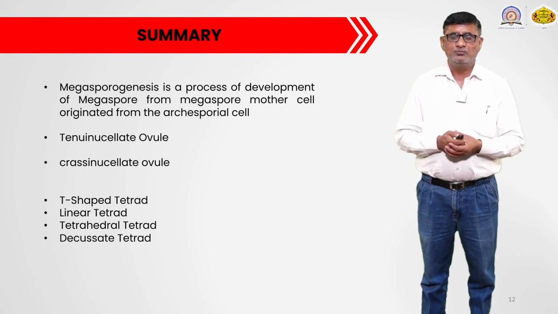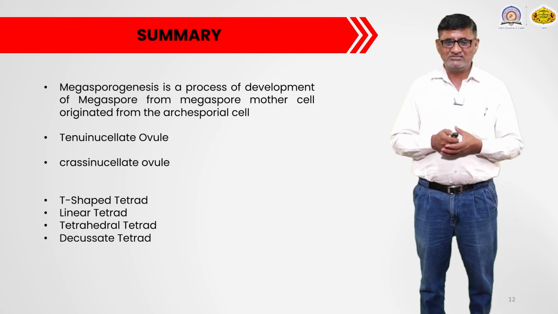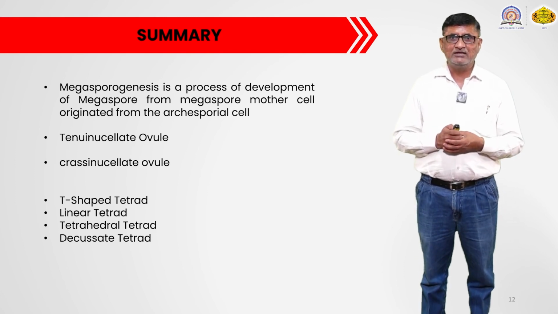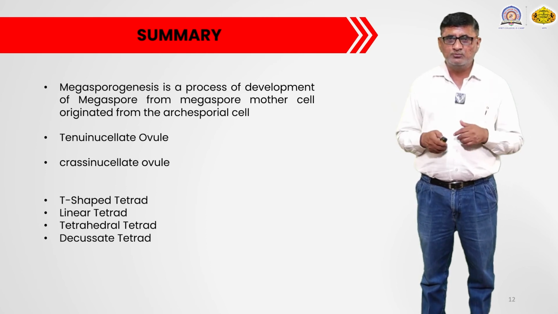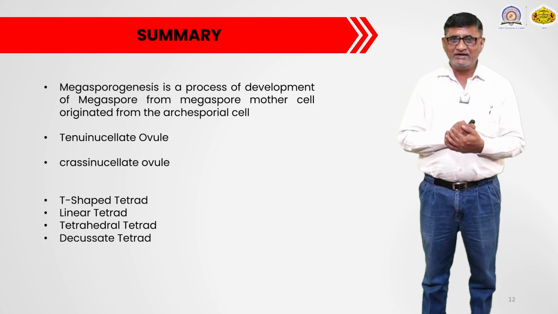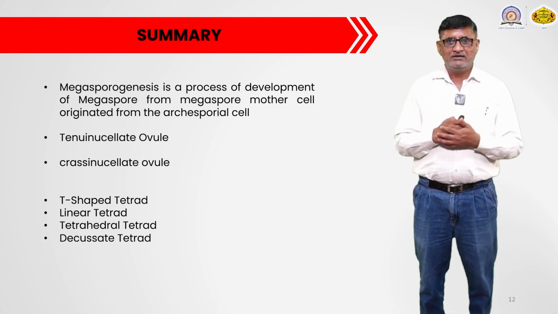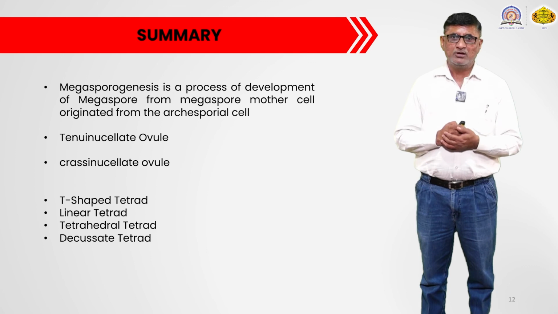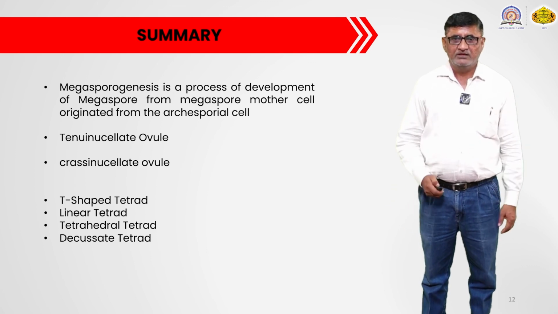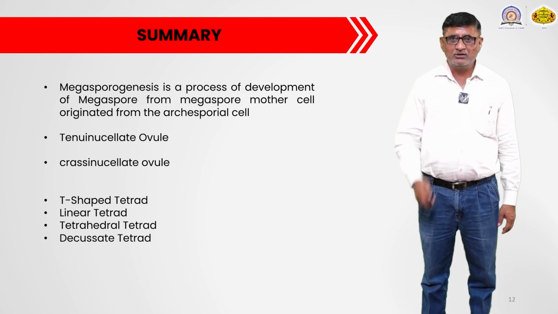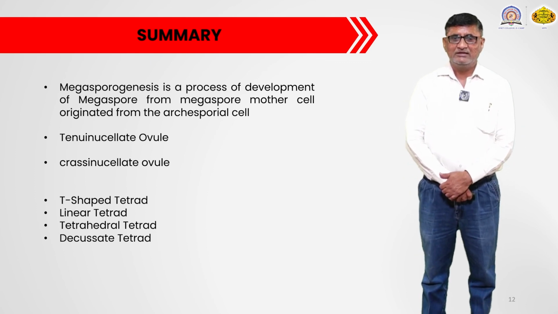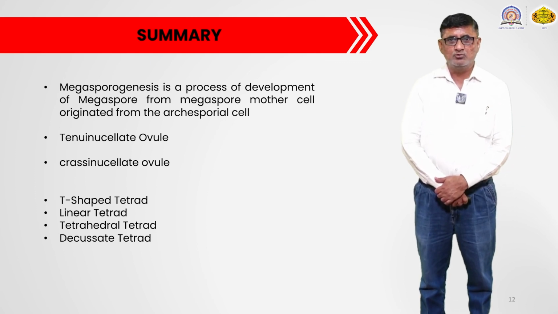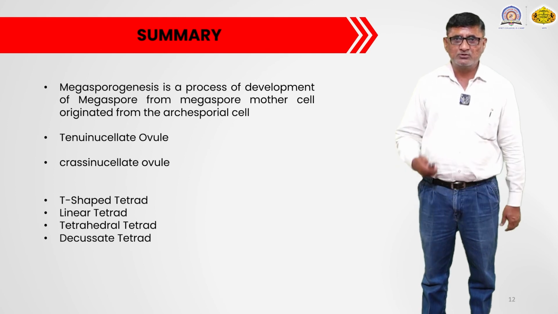Isobilateral, with the megaspores in upper and lower pairs. And the decussate tetrad, where the 4 megaspores go to the 4 sides by different kinds of wall formation. So, this is our today's topic: megasporogenesis, tenuinucellate and crassinucellate ovules, and types of megaspore tetrads.